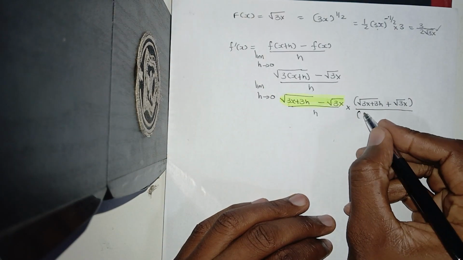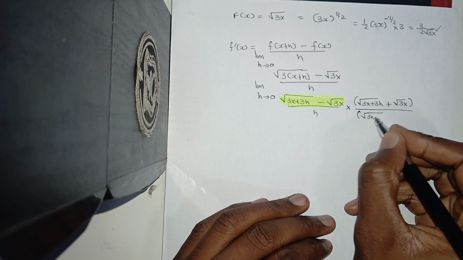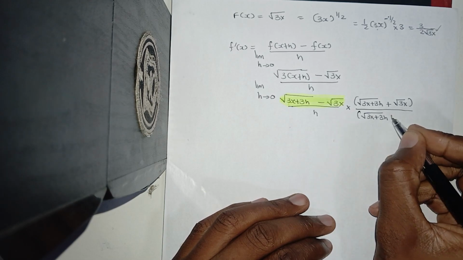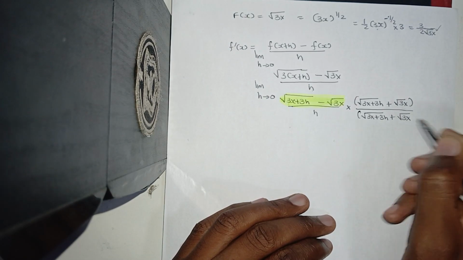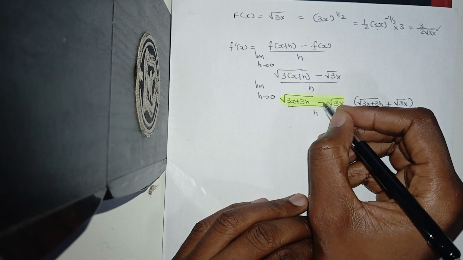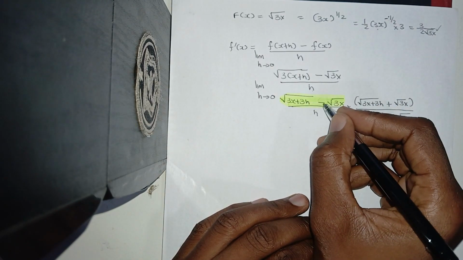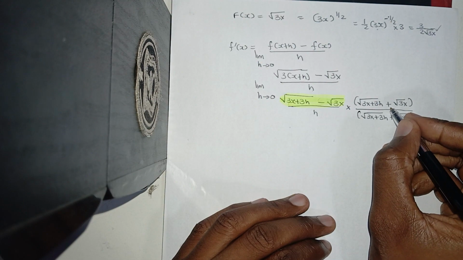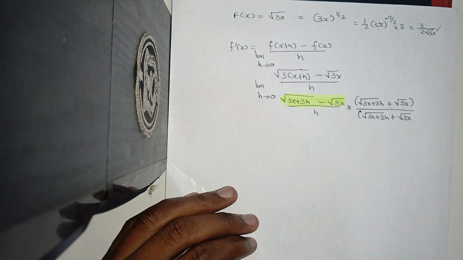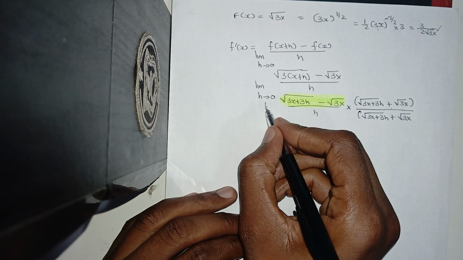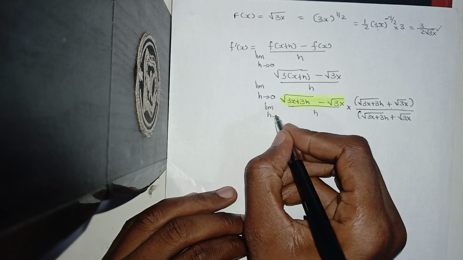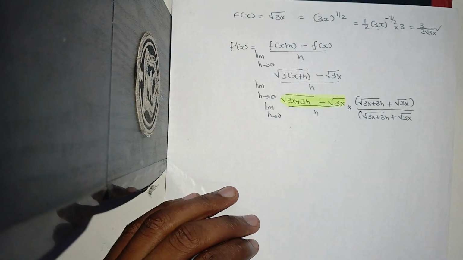If the numerator has a plus, we use a minus, and if the numerator has a negative, the conjugate will be plus. So now let's continue. We must not forget the limit, but we leave it aside and will go and fetch it later.